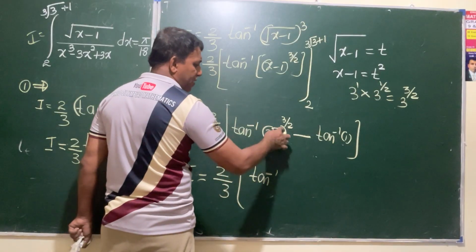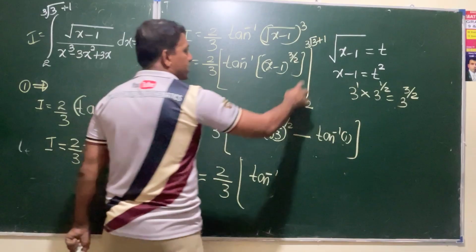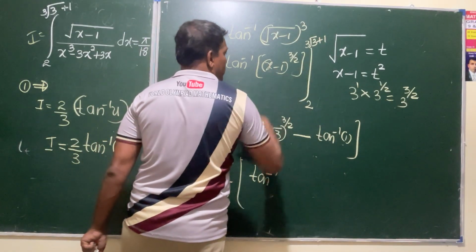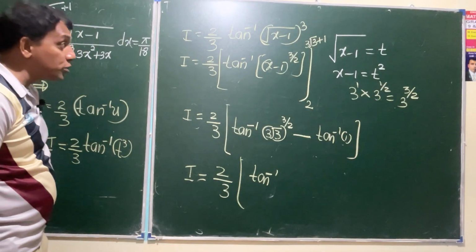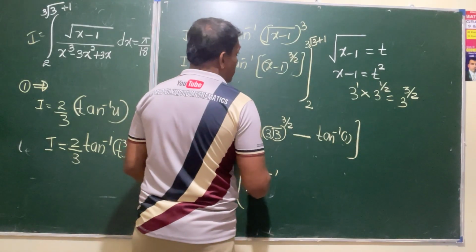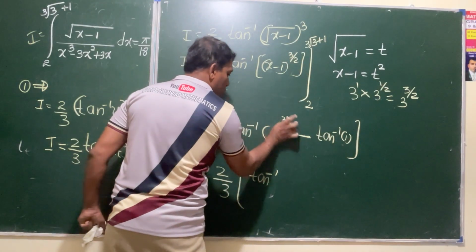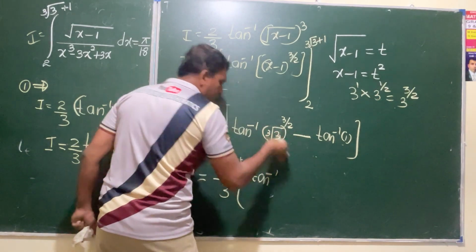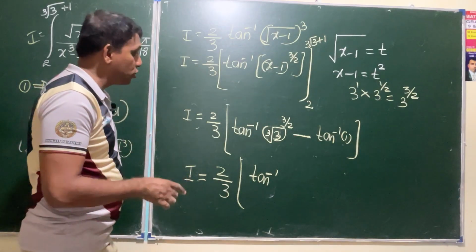Let's simplify this. You put x for 3 root 3 plus 1 minus 1, cancel, and completely the third root of 3 comes out, very important. This is the third root, not 3 root 3, the third root of 3.